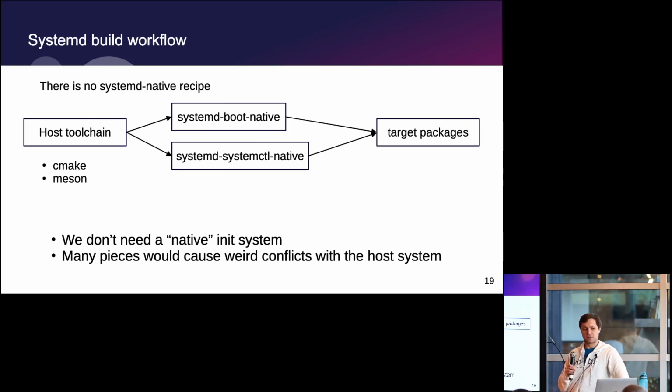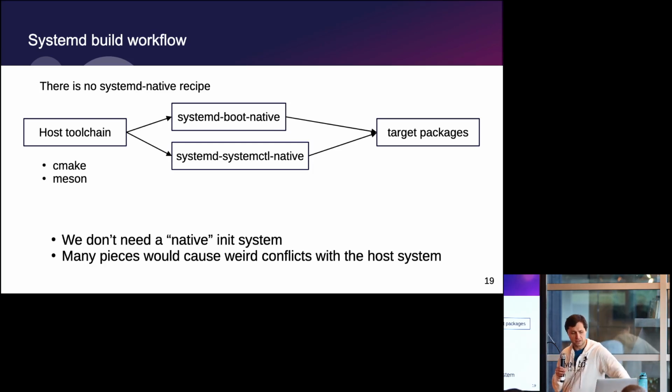With systemd it's a bit different because we do not need the native systemd in a system. We have it already on the host, and when we build systemd, we still need a couple of binaries that you run on the host. A good example is systemd-boot native. I think it uses the ukify script from systemd to create the UKI kernel image.